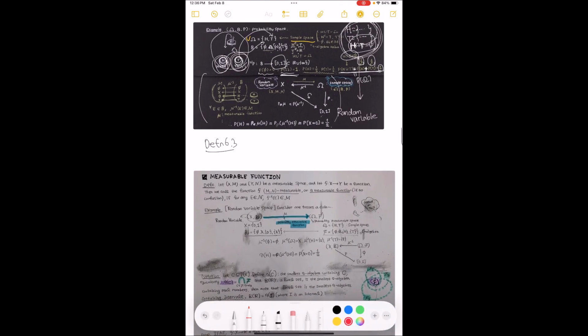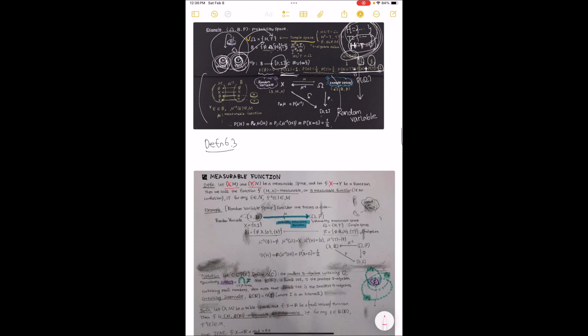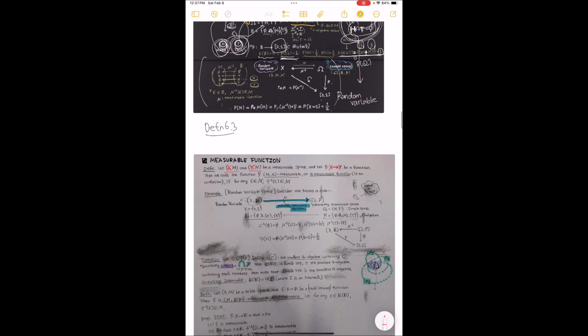So consider two measurable spaces, and consider a function from X to Y. Then we call the function f a measurable function if for any set in the sigma algebra of the codomain, its inverse image is also in the sigma algebra of the domain, M.